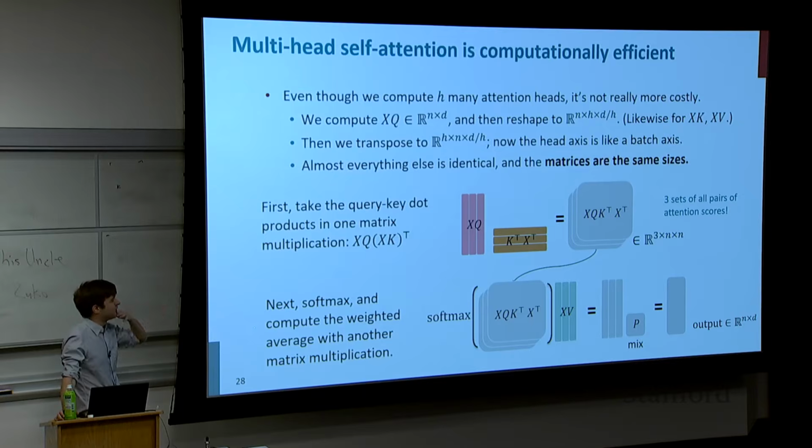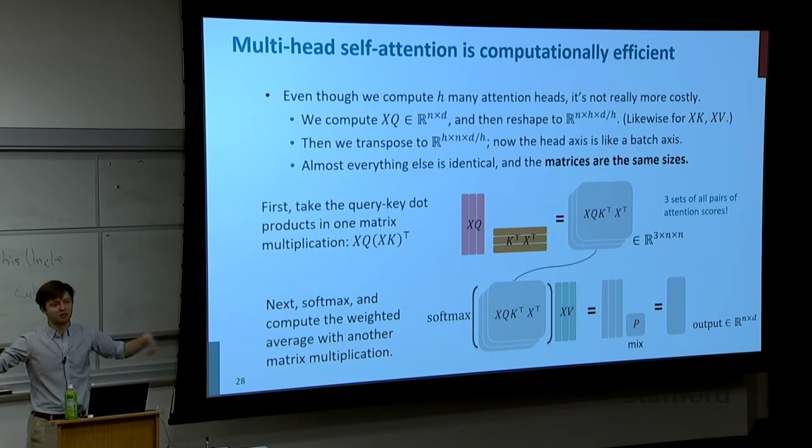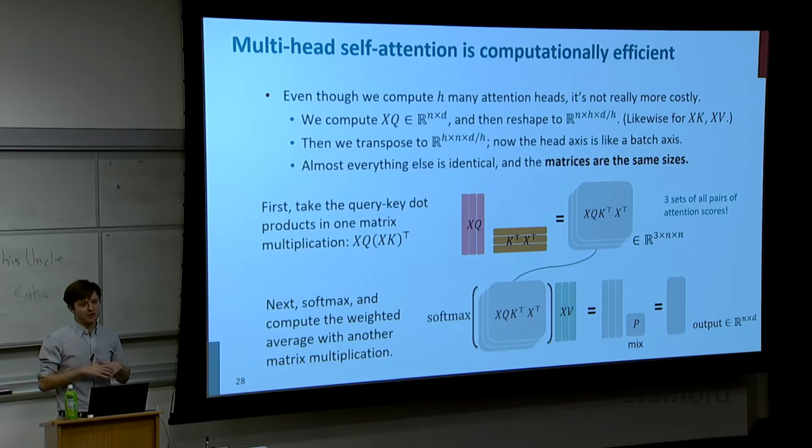So people tend to instead set the number of heads so that you have a reasonable number of dimensions per head, given the total model dimensionality D that you want. So for example, I might want at least 64 dimensions per head, which if D is 128, tells me how many heads I'm going to have roughly. So people tend to scale the number of heads up with the model dimensionality.